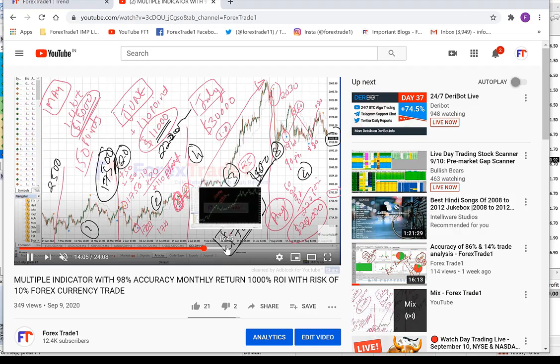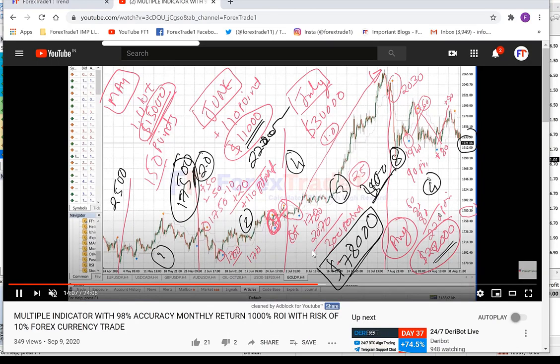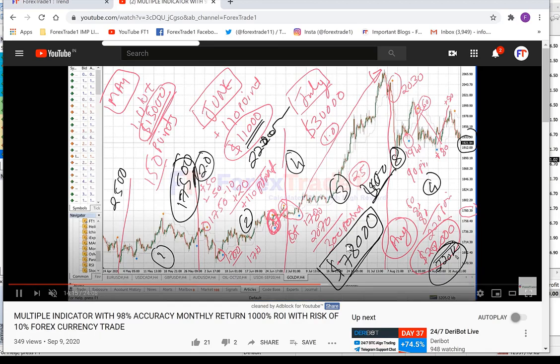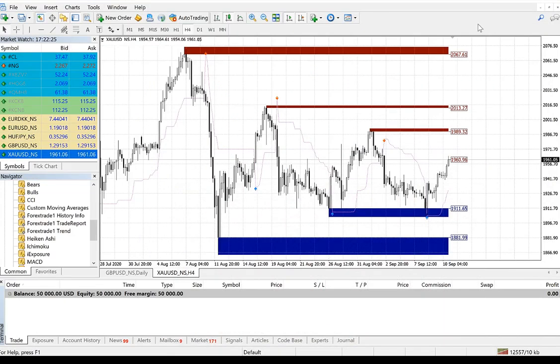You can check here, all the complete detail is already explained in this video. So this level trading indicator and this trend indicator, if you mix both, you get almost near to 98 to 99% accuracy. You will never make loss with our fixed risk and reward pattern.